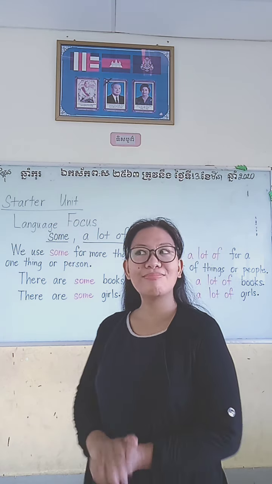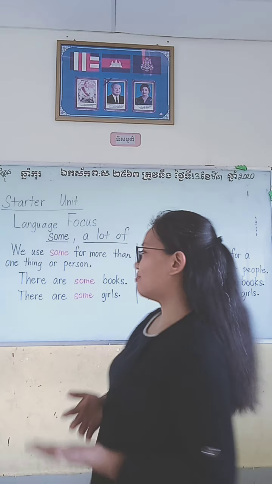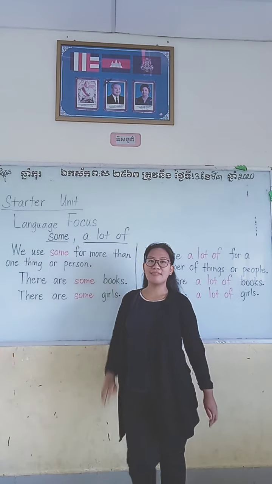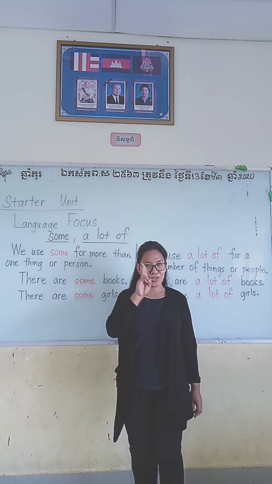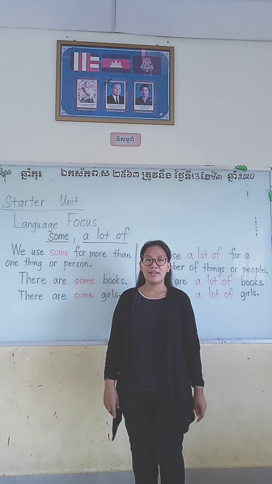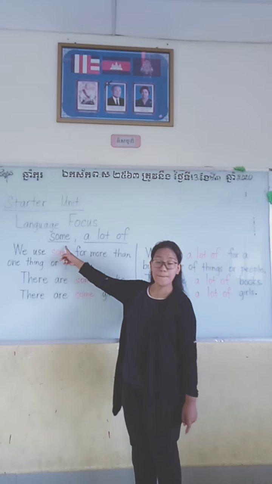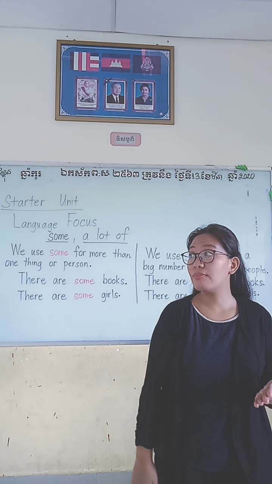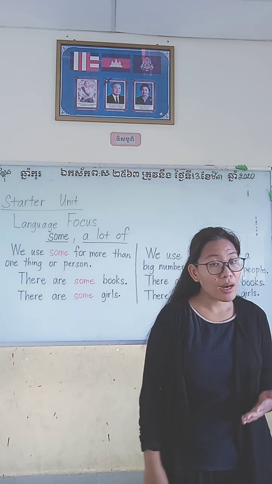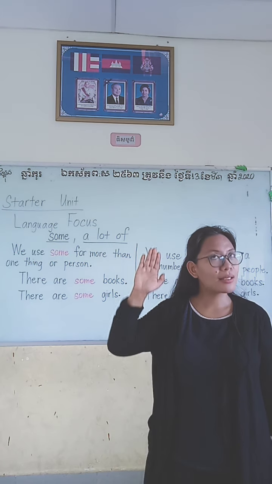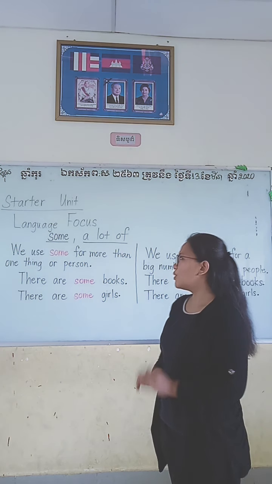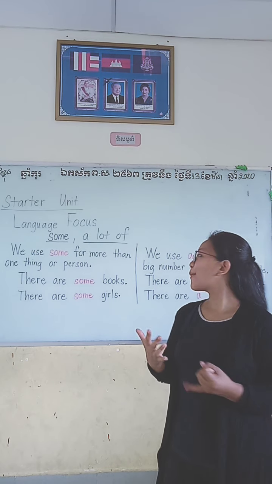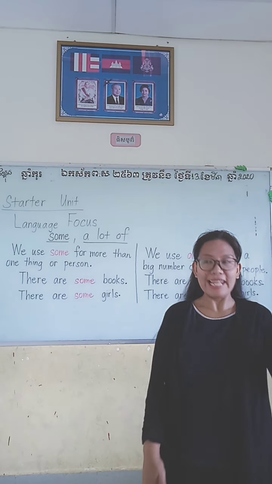So now, let's just have a quick review. We are in our starter unit, and for lesson 2, our language focus, we studied some and a lot of. Now, we use some for, again, let's say it aloud.